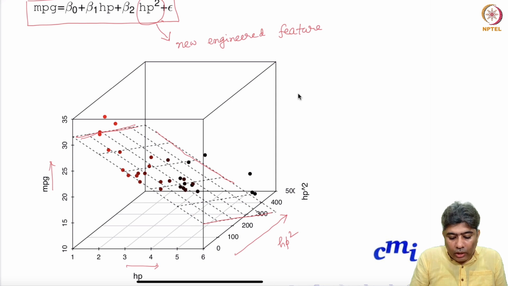In machine learning, it is called feature engineering.